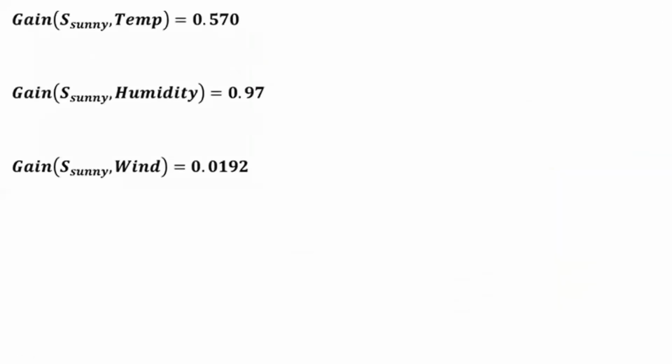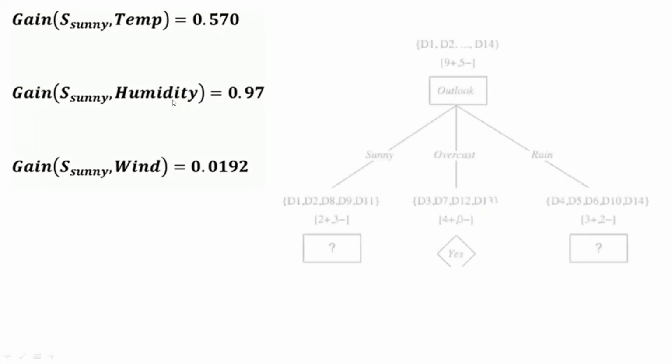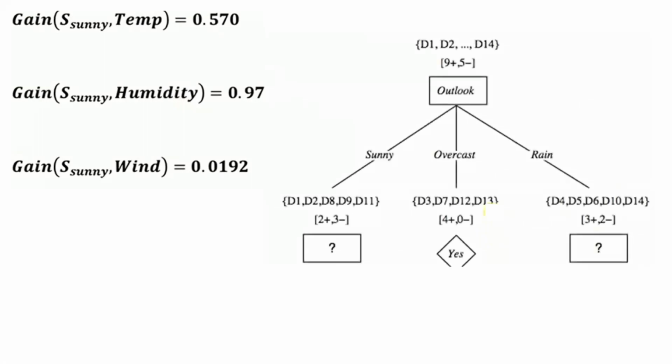Now, we have calculated information gain for these 3 attributes, out of which we have the greatest value for humidity. Initially we constructed the tree till this point, right? After that, we evaluated 5 data tuples only, representing the Sunny tuples. Now we need to make a decision out of these 3 attributes, which attribute I should consider here.